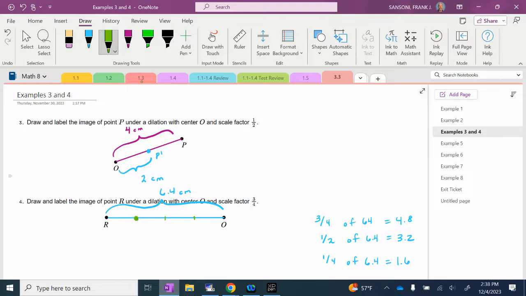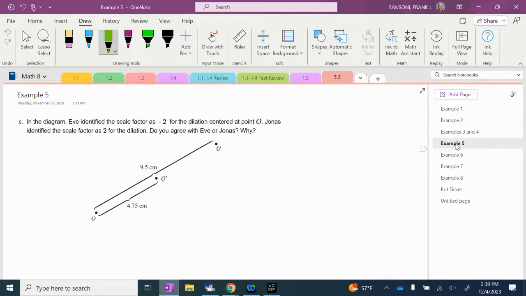How do I label that? What is that called? R prime. And from there to there should be 4.8 centimeters. Number 5.